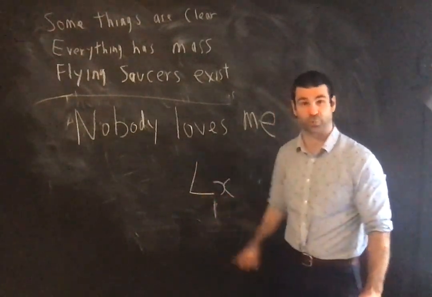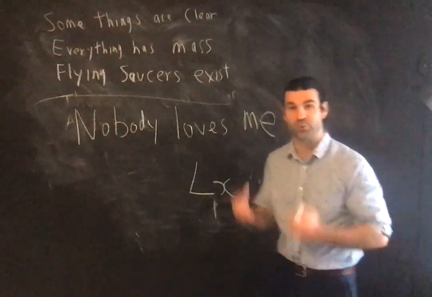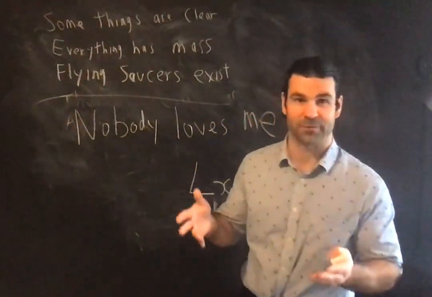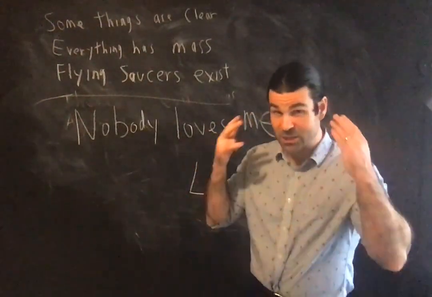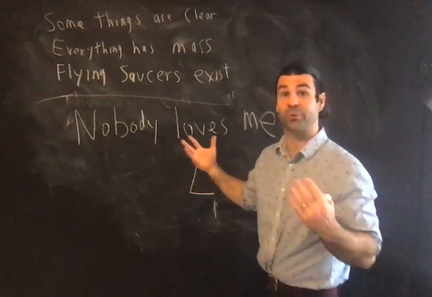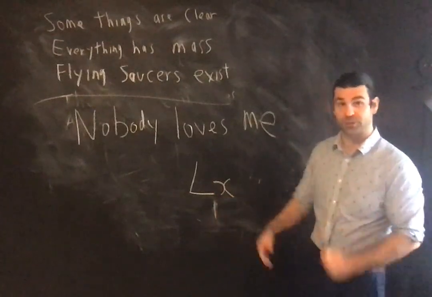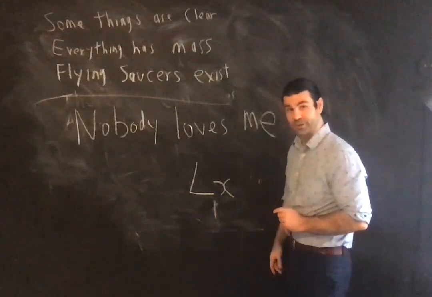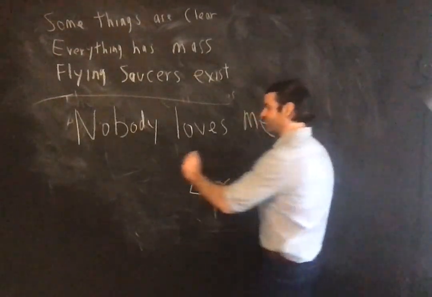What am I saying when I say nobody loves me? The fact that you laugh at the inappropriate response shows that you have a different understanding involved in understanding the sentence. How do we capture it? How do we express it logically with the existential quantifier and the negation, right?